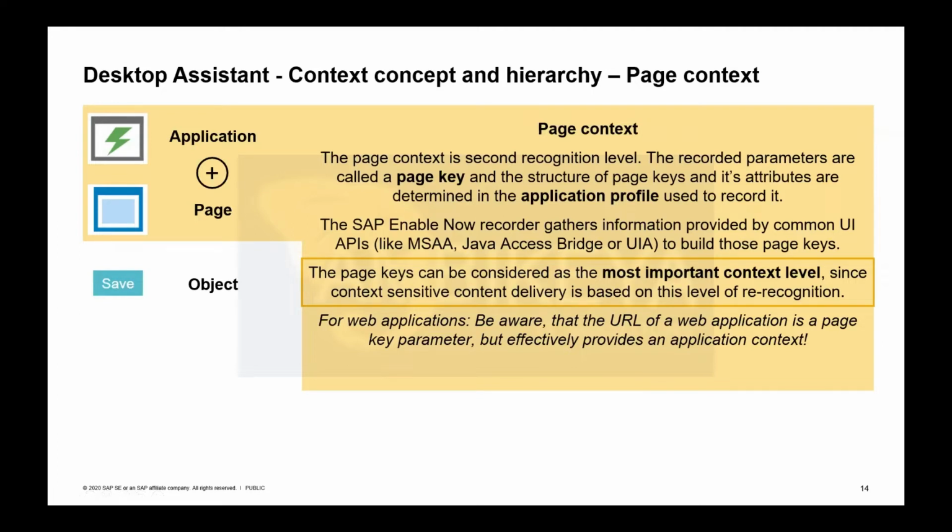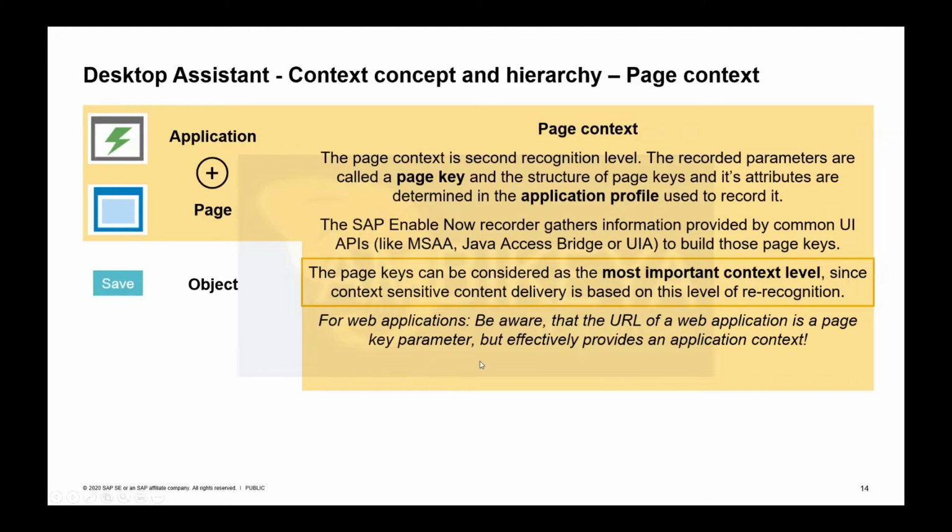Be aware if you train this, because for web applications, this concept is not working. Why is that? Because the application is pointing to an executable, and a web application is always running in a browser. So the application will always be chrome.exe if Chrome is your standard browser, or edge.exe if Edge is, or iexplore.exe for Internet Explorer. And that's what you don't want.